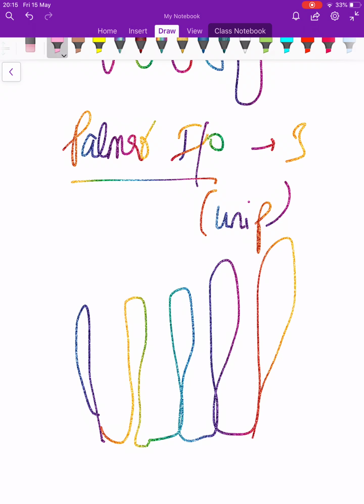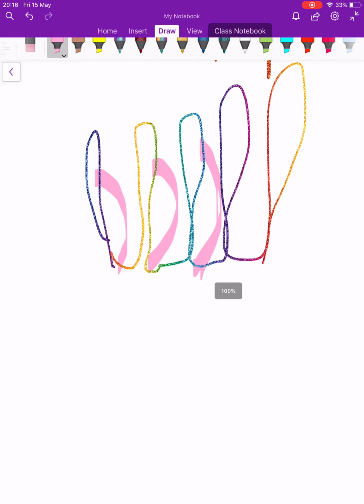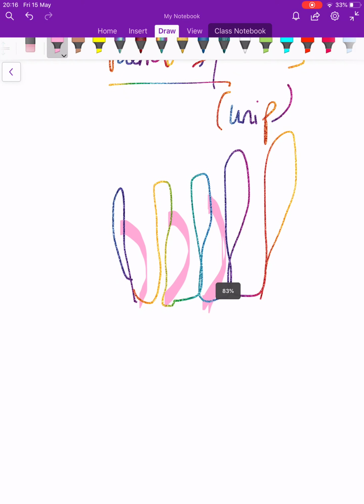So palmar interossei are like this: 1, 2, 3, three in number, unipinnate. Fine. So this was the fourth layer, and the muscles supplied by the medial plantar nerve.